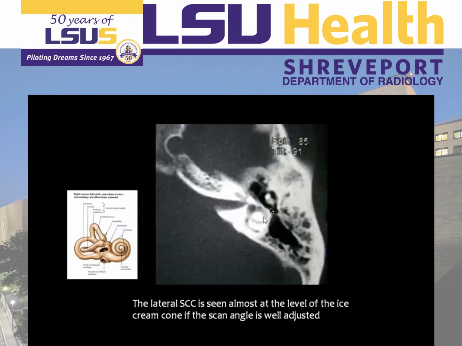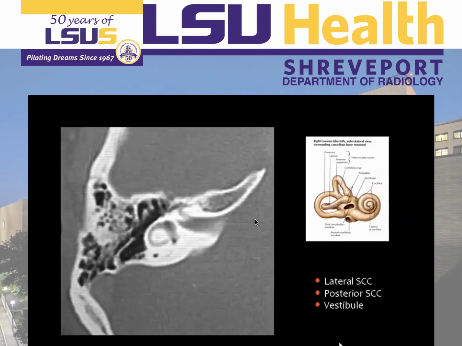Okay? Here you start to see the posterior semicircular canal and the lateral semicircular canal. Again, the lateral semicircular canal ending on the vestibule, and this is the posterior semicircular canal.